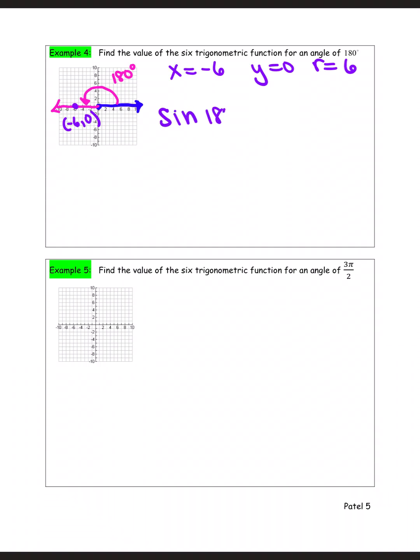Sine of 180 degrees is y over r. 0 over 6, which is 0. Cosecant of 180 degrees is 6 over 0, which is undefined.